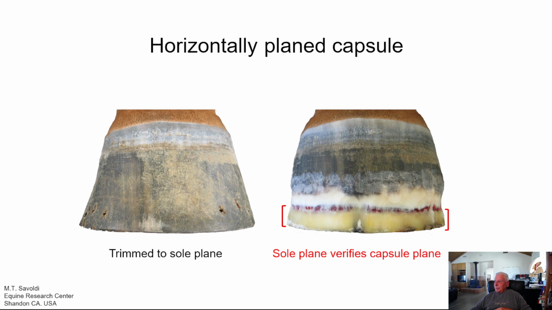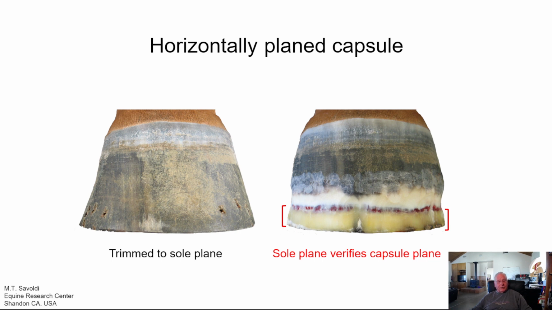So if we were to look at the sole, this area here is where the edge of the sole is, right along here, the leading edge of the sole. You notice how even on this young horse it's very uniform? Well, that's where the sole interfaces with the hoof wall and the white line.